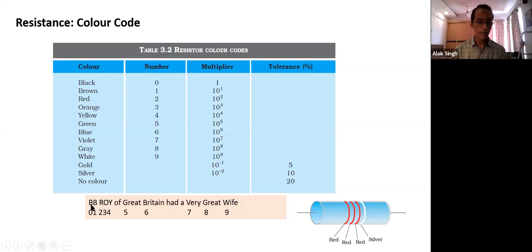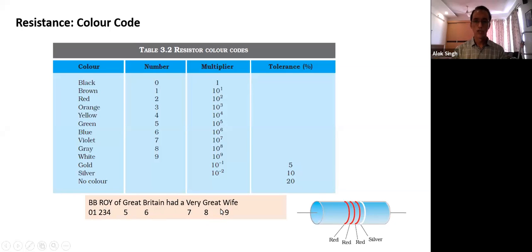So what is the first one? It starts from the darkest color, black, and then brown. Third one is red, then orange, then yellow. G stands for green, of Great Britain. B is for blue. Had has no significance. V is for violet. G for great, G for gray, and W for white.